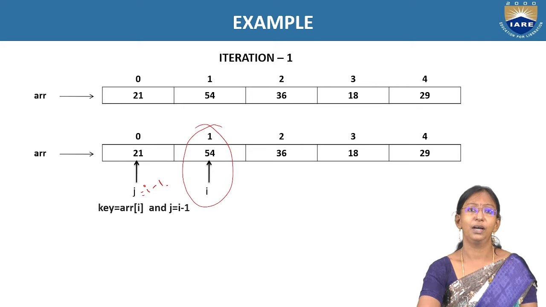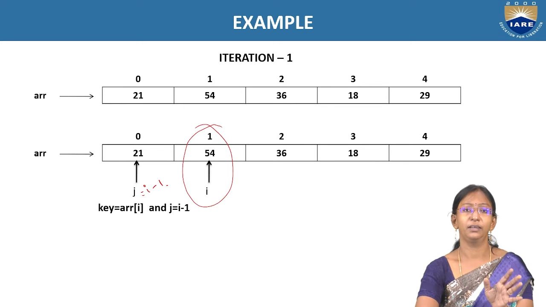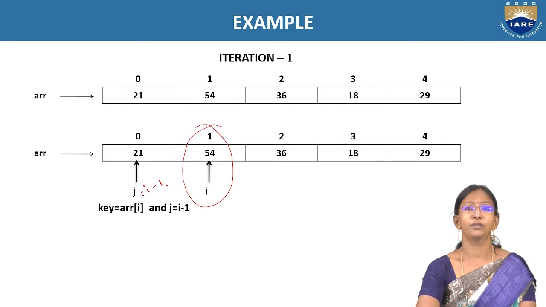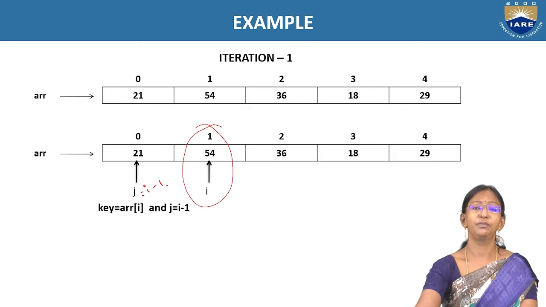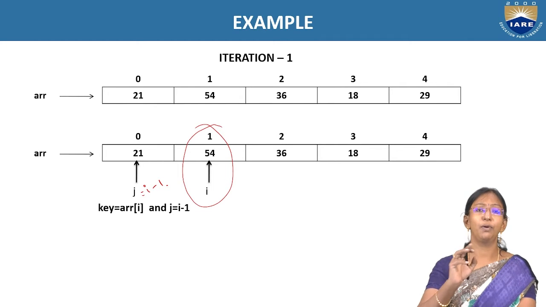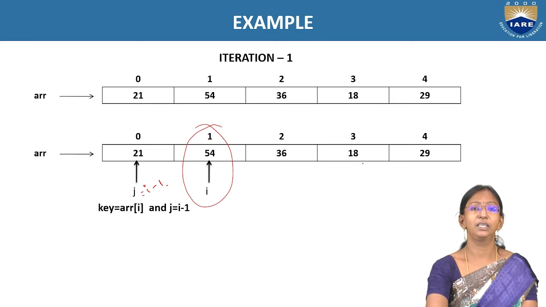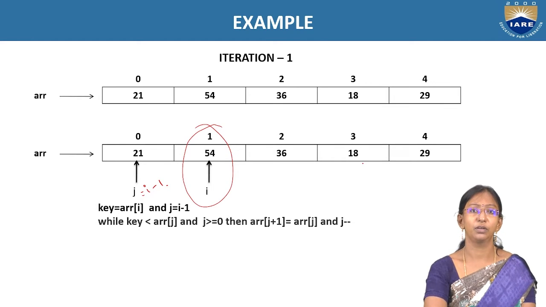Now my point of concentration is the key element, which is always the element pointed by i. So here key is equal to 54. Now my comparison process starts.